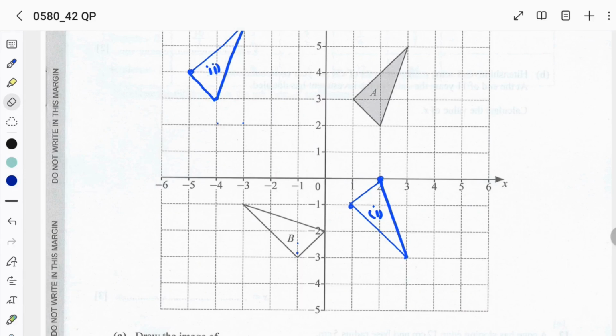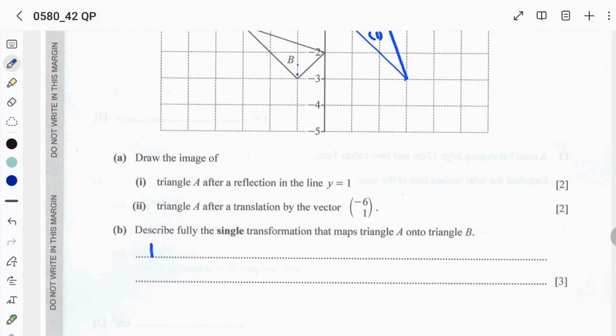In translation, the orientation remains the same, but in reflection the diagram flips. But it's not parallel lines if we join the corresponding points, so obviously it's a rotation. You get 1 mark for writing down rotation. It has 3 marks. You have to tell the center of rotation, you have to tell the angle, and you also have to tell the direction, whether it's anti-clockwise or clockwise.